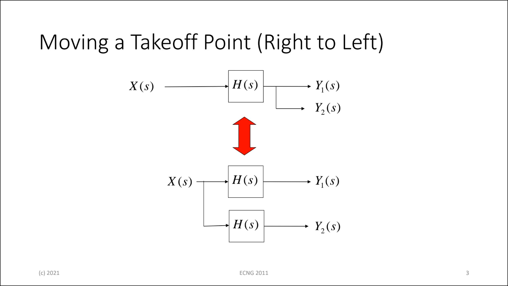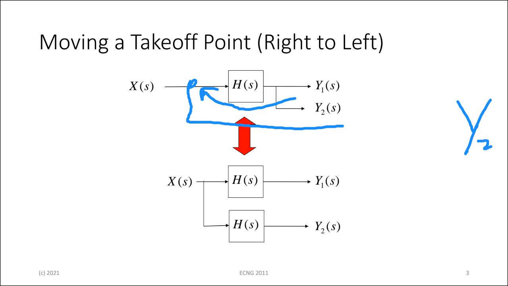If I move the takeoff point before, so I'm tapping it off from here, in order to get back Y2 at the output, notice X goes through H before it comes to Y. In other words, Y2 is X multiplied by H. So if I move the takeoff point before, in order to get the same thing coming out, I have to put in a block here, which is the same H. In other words, if you move a takeoff point before a block, then you have to add an additional block with whatever the transfer function inside of there was.